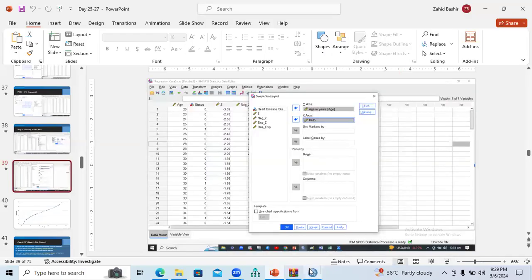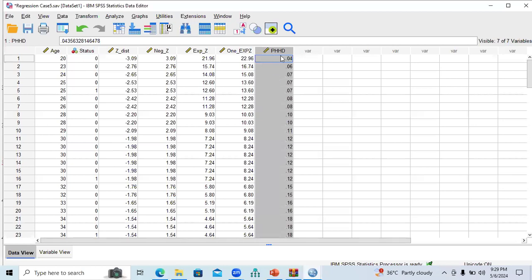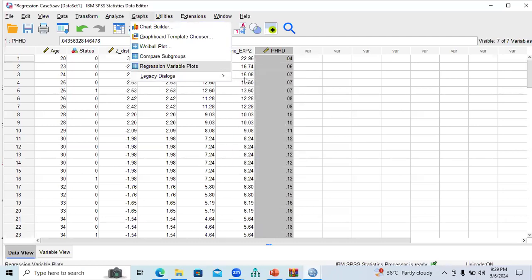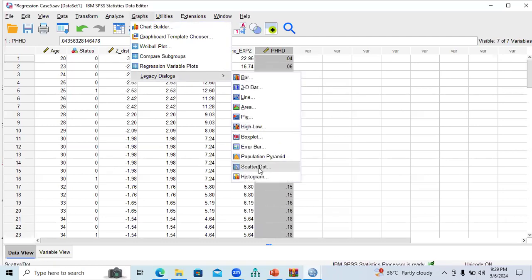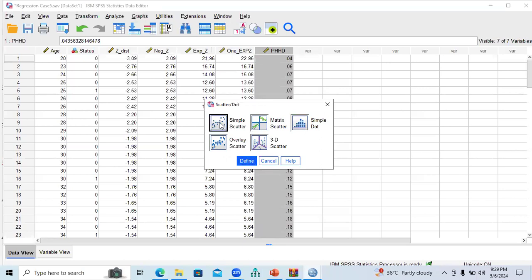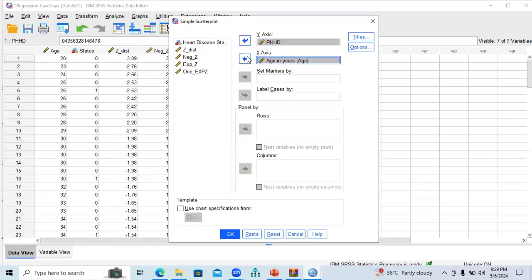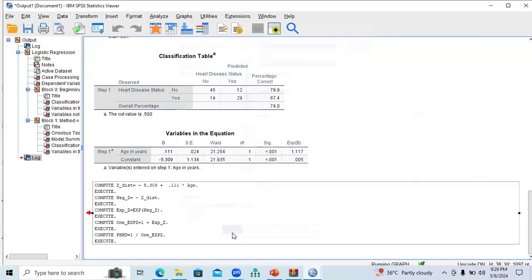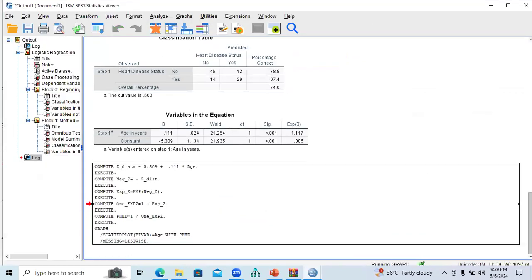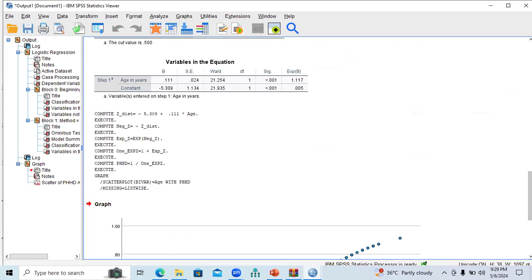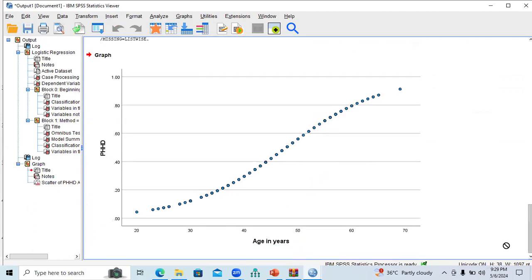So let me show you the procedure. We can consider this as a dependent variable and age as an independent variable. Go to Graph, Legacy Dialogs, Scatter Simple, Define. Our dependent variable is probability of having heart disease and independent variable is age. Click on OK and it will show you a graphical representation like this.